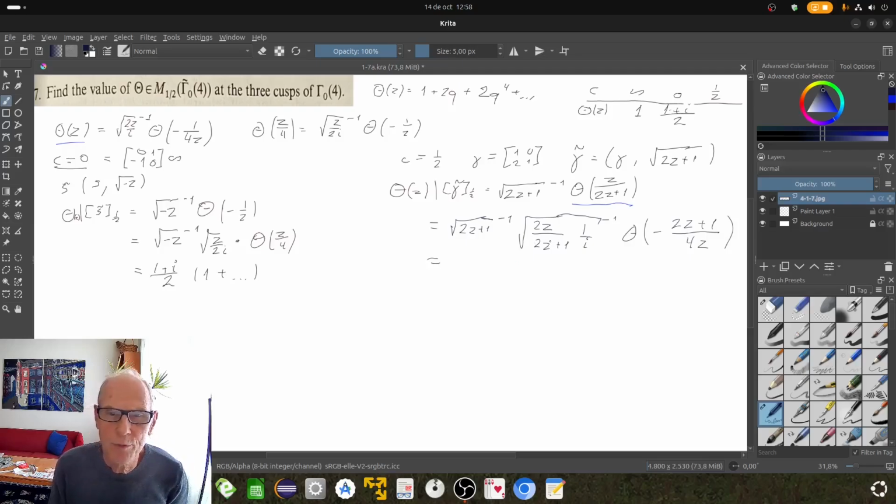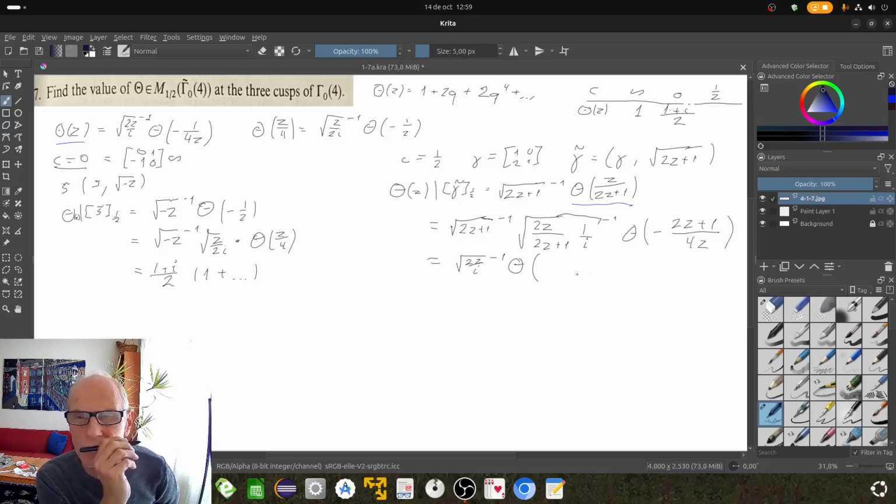And we just put it in here. And reduce. That can't be reduced. So that was the wrong way to go about it.